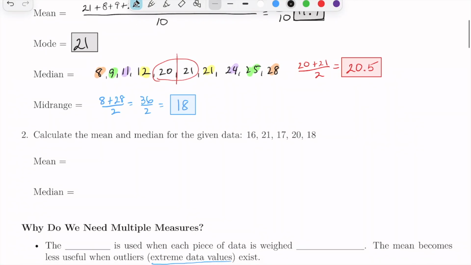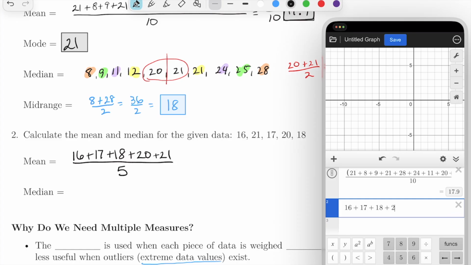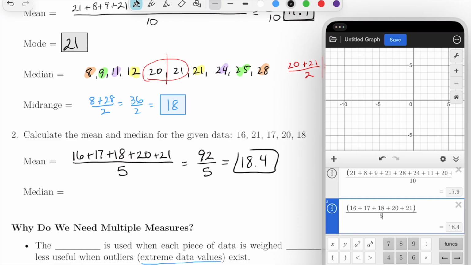Next, I would encourage you to take a minute and go ahead and do these on your own while I do them. Okay. So the mean is 18.4. And the median, we have to write them in order first.